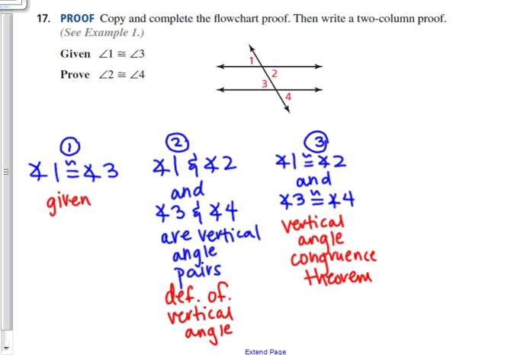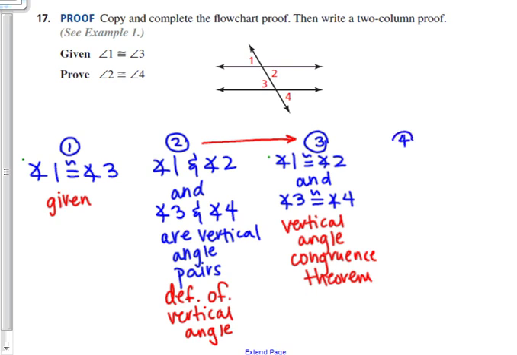And then looking at what I have for my given and looking at what I just wrote down for my step 3, I also forgot to draw an arrow between these. I created an if-then statement. So looking at what I have for my given on step 1, right here, and what I know to be true right here, if I know that angles 1 and 3 are congruent, and then I know that angles 1 and 2 are congruent, I can say that simply angles 3 and 2, or angles 2 and 3, are congruent.